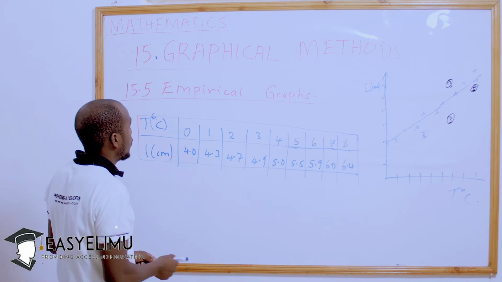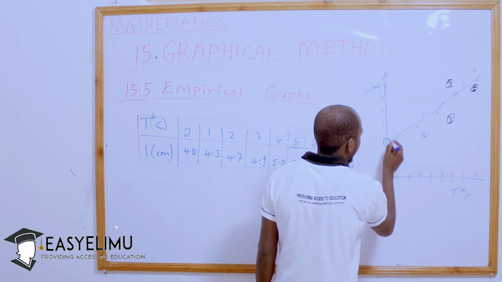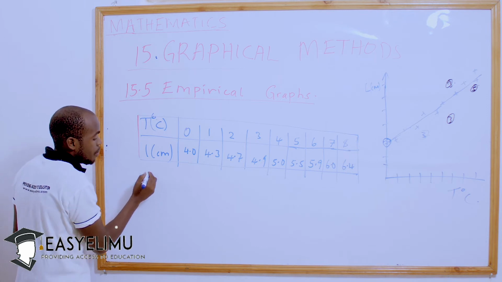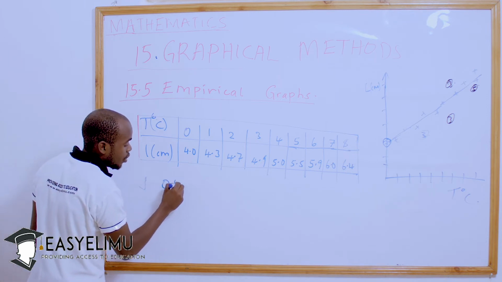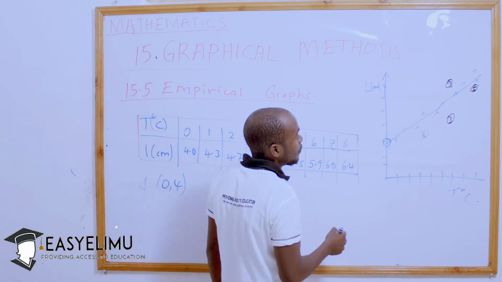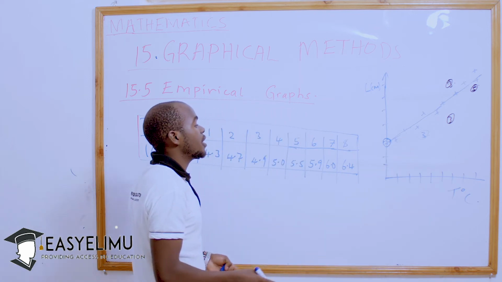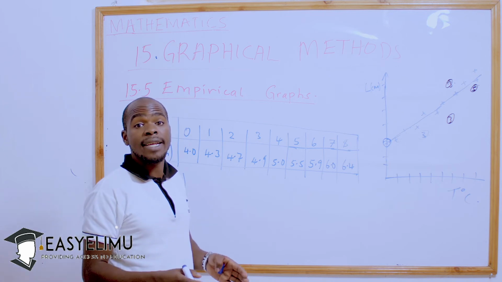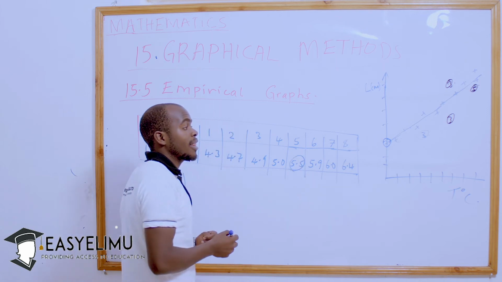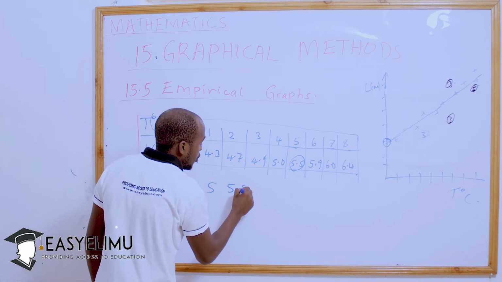From what we have, the graph passes through this point here. That 4 there is our y-intercept, and the coordinates of that are (0, 4). Also, from what we have constructed, this is a sketch, you will find that the graph passes very clearly through the point (5, 5.5).